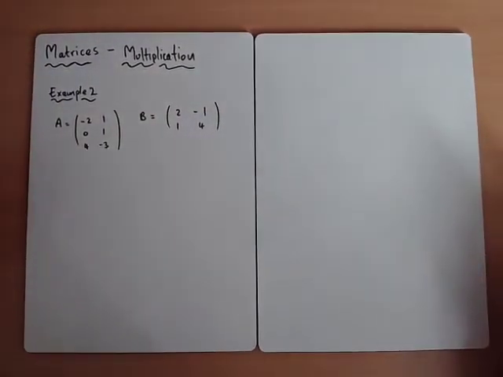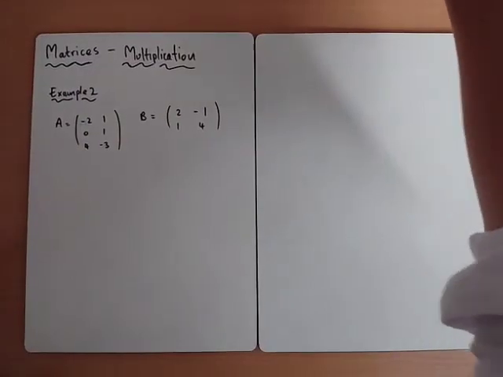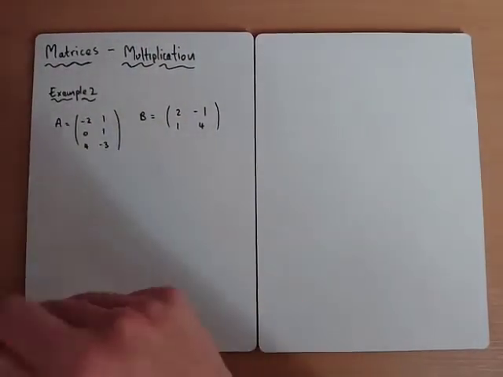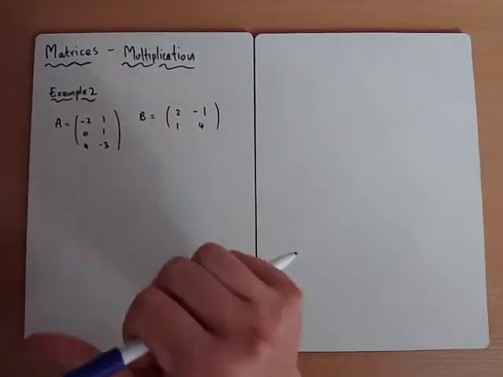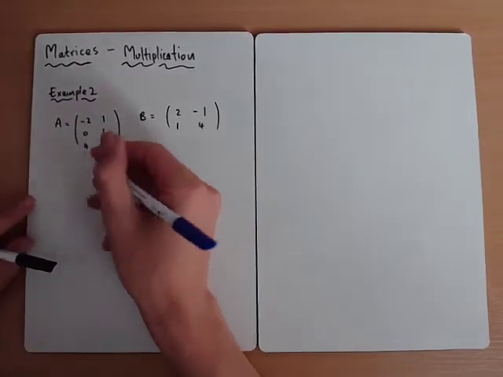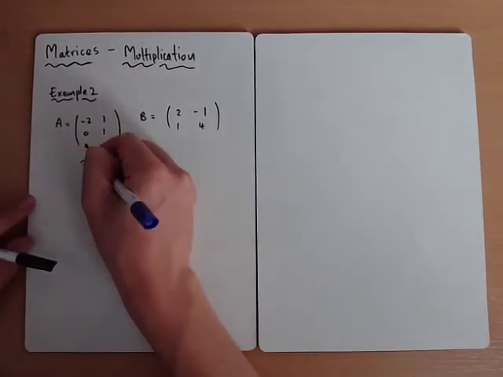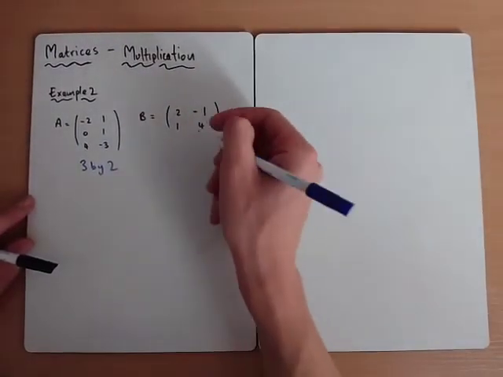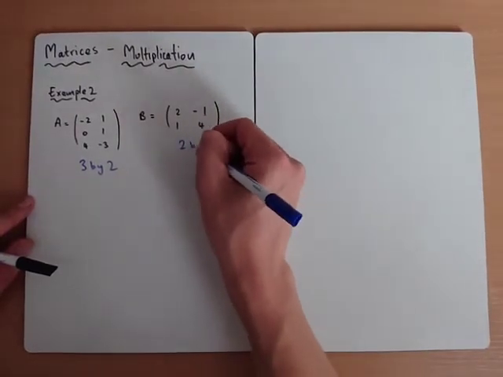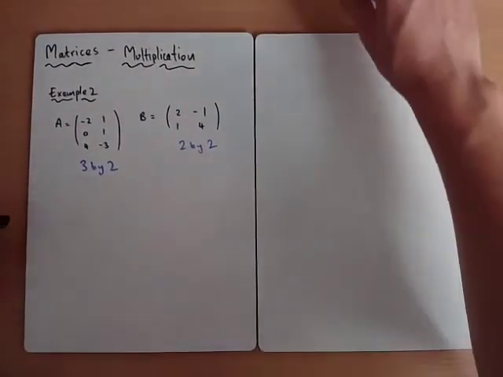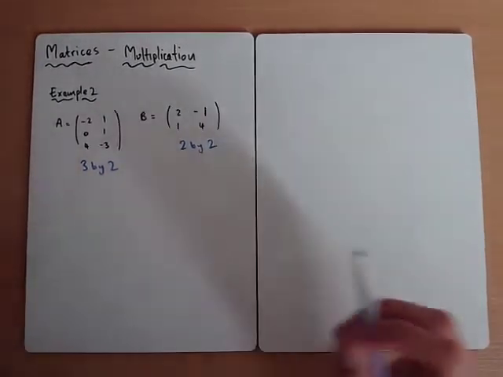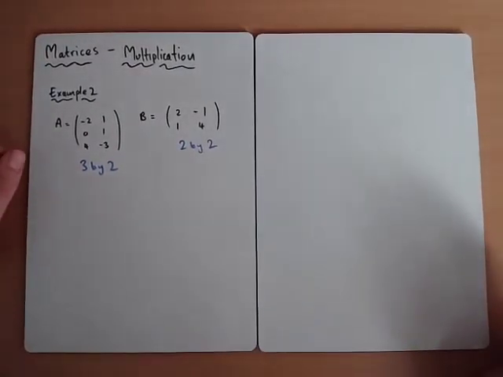Okay, so let's actually do one example just on what I was talking about then, about the way that we multiply matrices in different rows and different columns. So just to look at what we've got here, we've got 2 matrices with different sizes. This one has got 3 rows, so this is a 3 by 2. And this one's clearly 2 by 2. So just have a little think about which way we could multiply these together. One will work and one will not work.